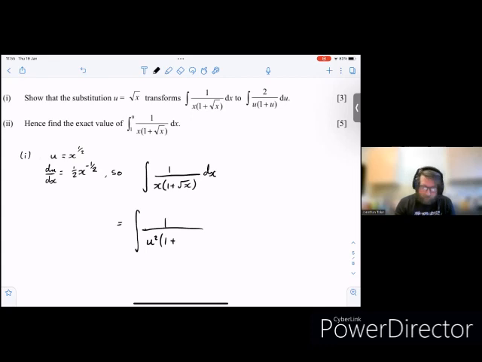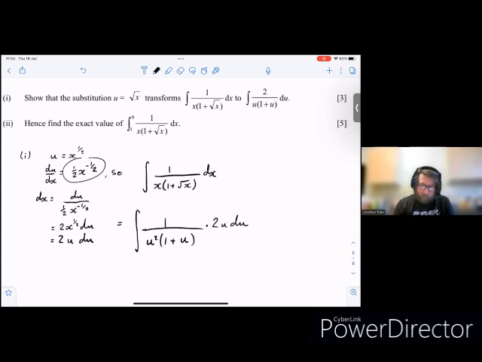Root x is u. That was the substitution we're making. Oh, sorry, I haven't actually found dx in terms of du, have I? From this, we get dx equals du over a half x to the minus a half, which is 2x to the half du, which is 2u du. Okay, so this is multiplied by 2u du.